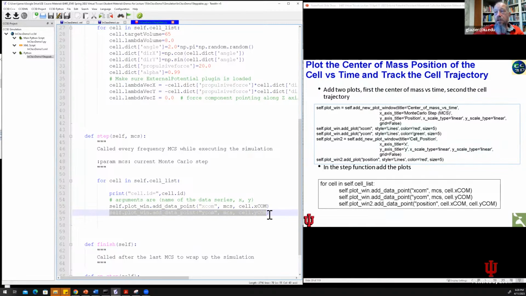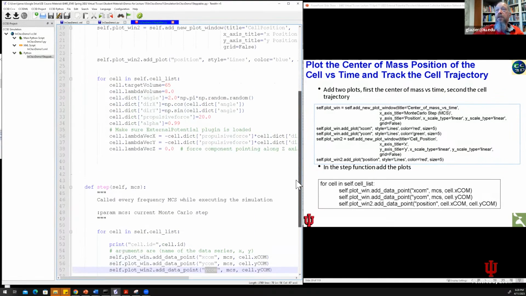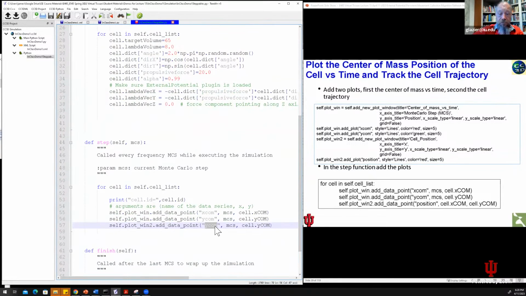And now for plot window 2, I called it position. It would be nice if you didn't have to remember what you typed. And now I want cell.XCOM versus cell.YCOM. So let me give people a minute to try to get that working.